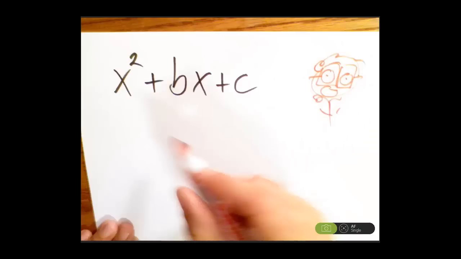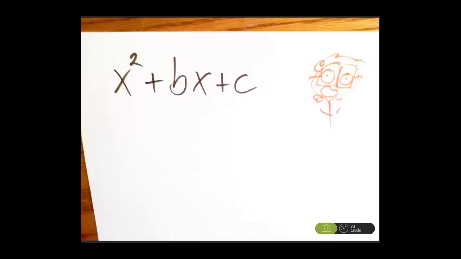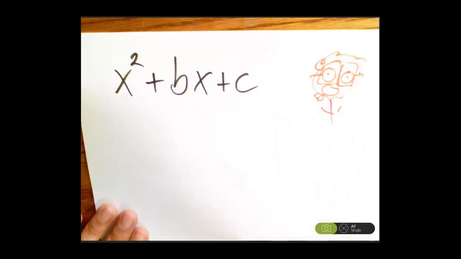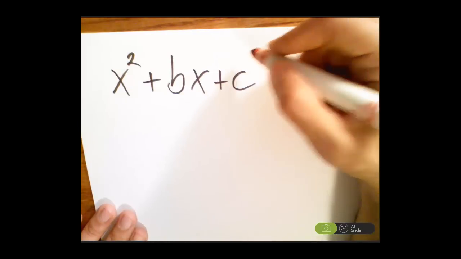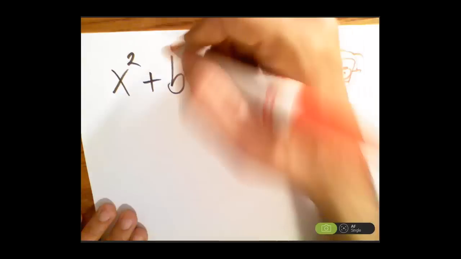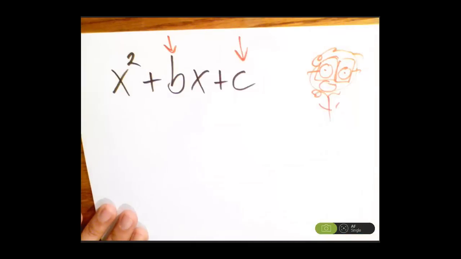so here we go. Let's go ahead and break this up. The idea of breaking this apart is that you're going to try to think of 2 numbers that multiply to make the number that goes right here, but add to make this coefficient that goes right here. Right now you're all like, what are you talking about?